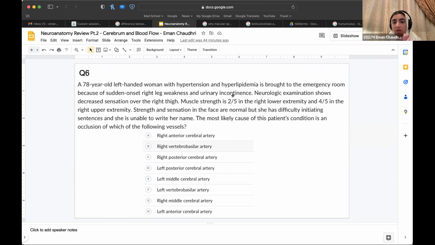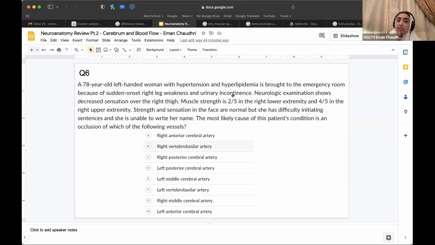Yes, but then that will be very clear in the question stem and you'll know. They won't try to trick you. They'll describe hemi-neglect and they'll say, for example, this patient is right-handed, then you'll know it's the right hemisphere that's affected, the non-dominant hemisphere.